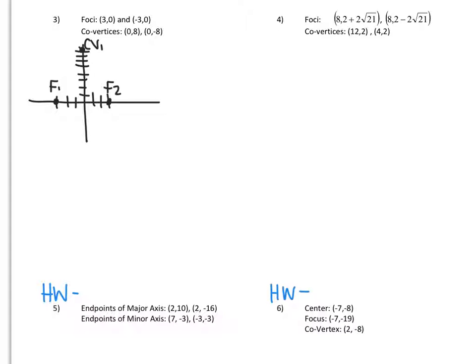We'll call that CV1 and this CV2. So we know that the foci lie on the major axis. So since the foci are on the major axis, we know that it's going to open horizontally. We don't know what the vertices are, so we know it's going to look something like this. It's opening horizontally. So I'm going to write that down here.